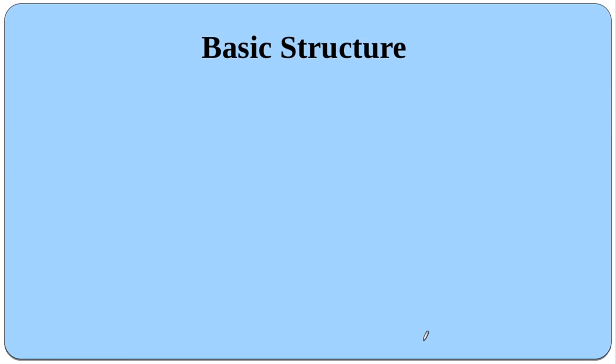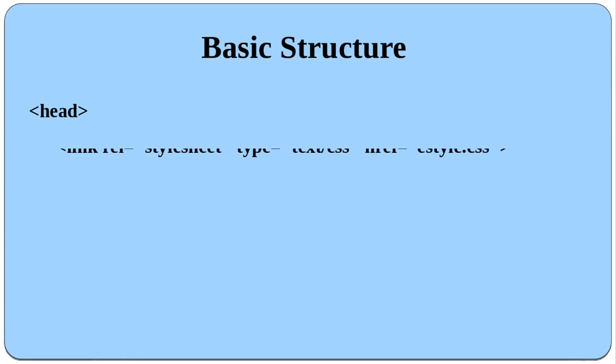Let's discuss the basic structure of writing external CSS in HTML file. Under head section, we need to link external CSS file to HTML document using link tag. Here observe, link is the HTML element we need to use under head section to link external CSS file. Rel attribute equals to stylesheet, which tells this is style sheet.